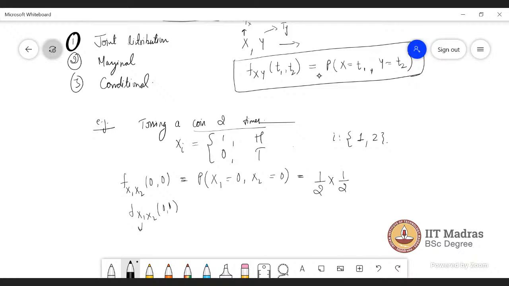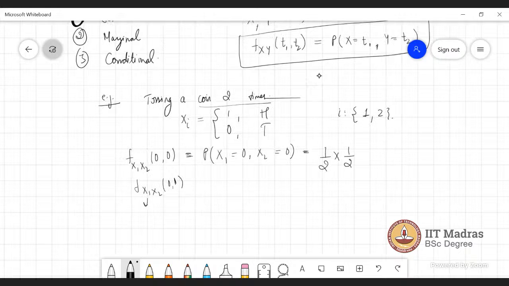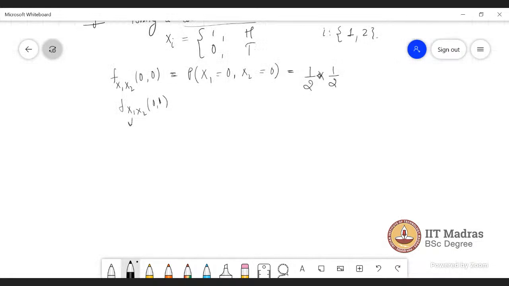Now, if we have to find the marginal distribution, say X and Y are two discrete random variables with joint PMF f_{XY}, then to find the marginal of x, you have to add over all the values of y.